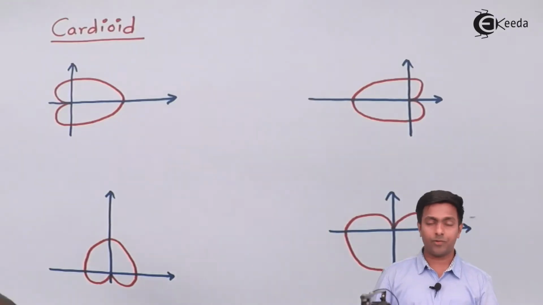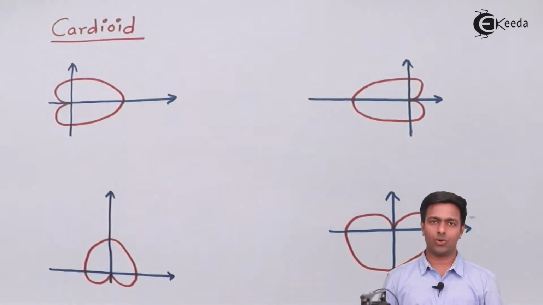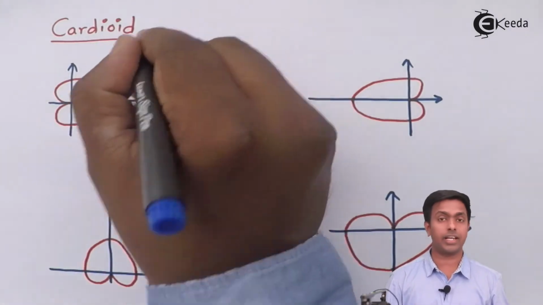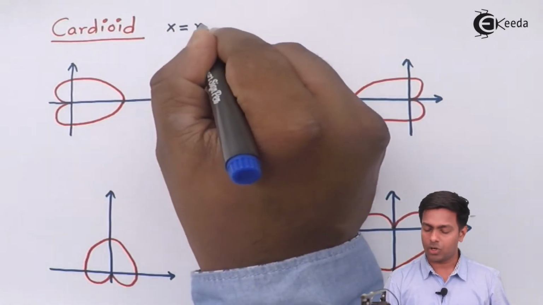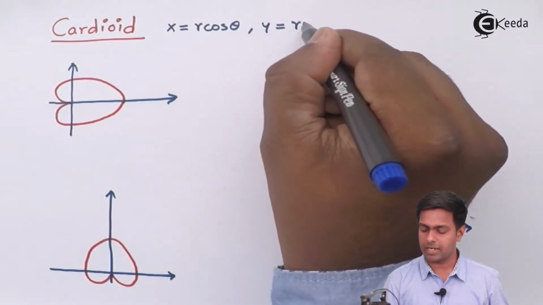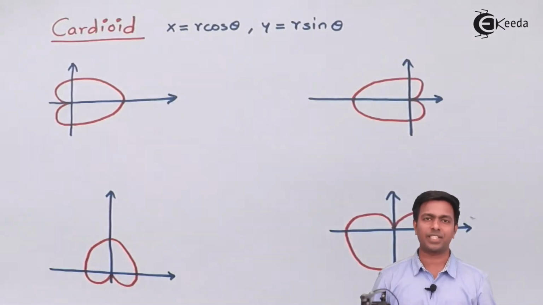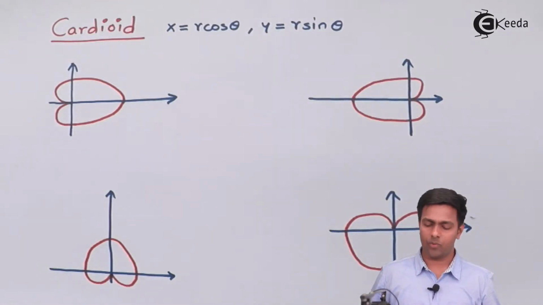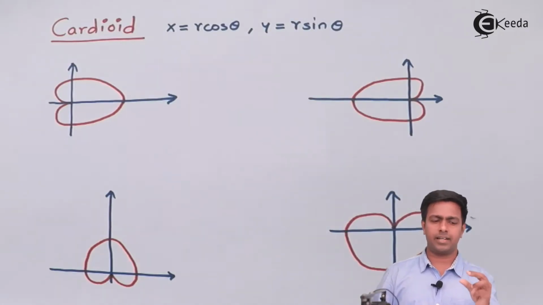As I was saying, this curve is opening on the positive x-axis. In complex numbers we did that x is replaced by r cos theta and y is replaced by r sin theta, in the polar form. So you just have to remember that whenever we get x, it is equivalent to cos theta, and whenever we get y, it is equivalent to sin theta.